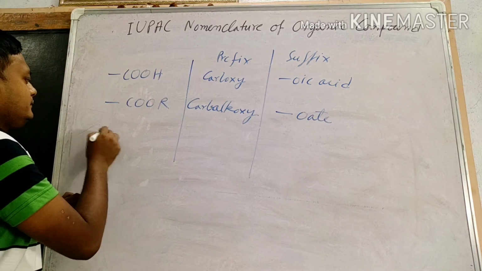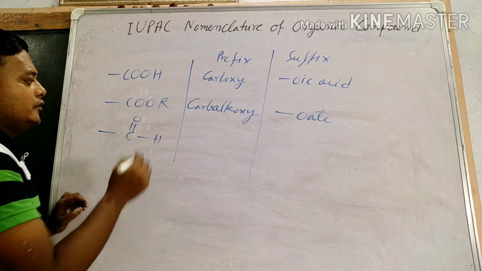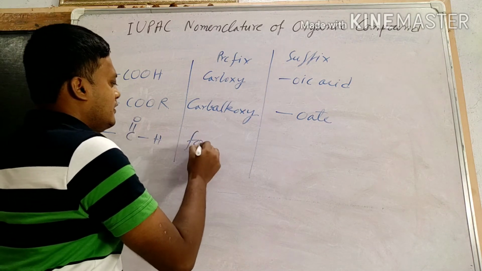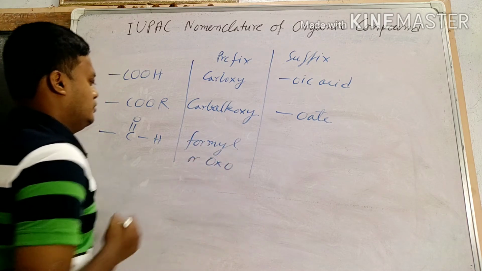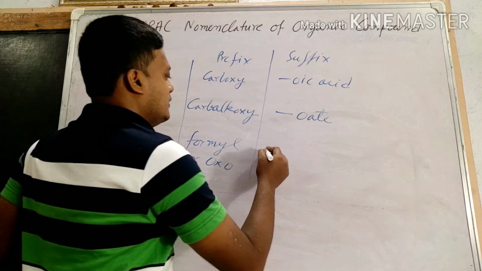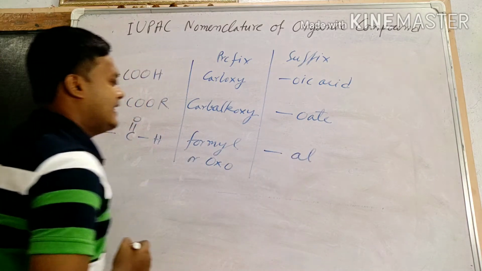Aldehyde group: as a prefix, formyl or oxo; as a suffix, al.